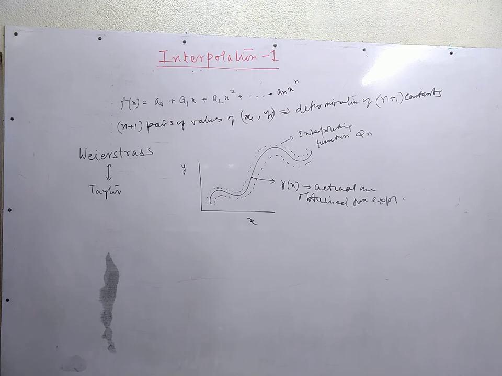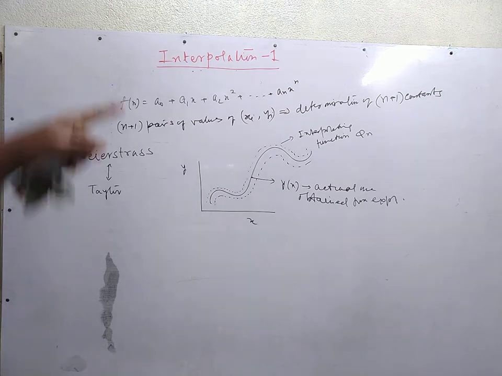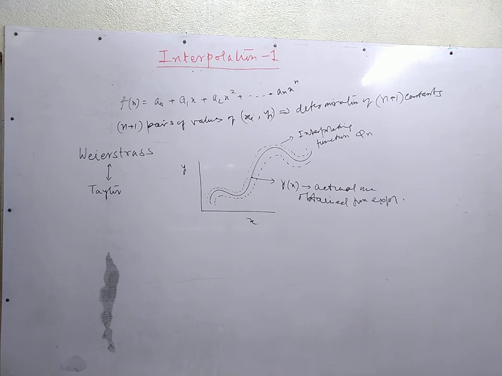To reduce the error, we need more and more data. As we have already stated, if we have 5 pairs of data, then we can calculate at most 5 constants, so the polynomial that we can assume at most will be of degree 4.